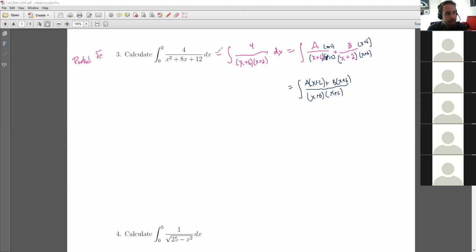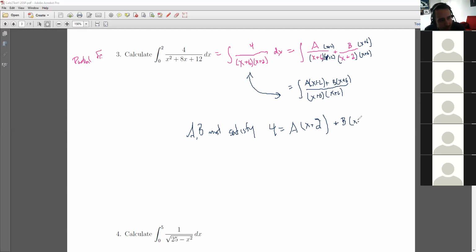And this is great because these two have the same denominator. And if they're equal to each other, they should have the same numerator. In other words, a and b must satisfy 4 equals a times x plus 2 plus b times x plus 6.